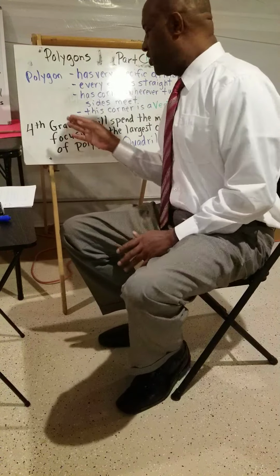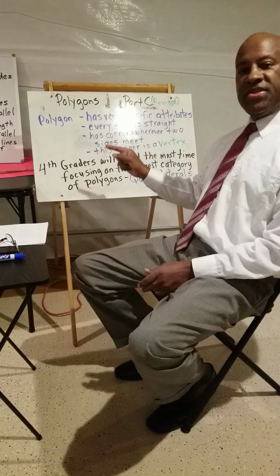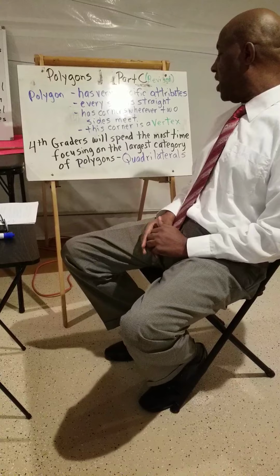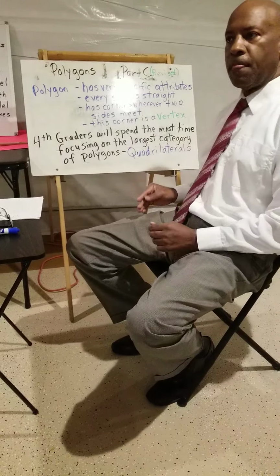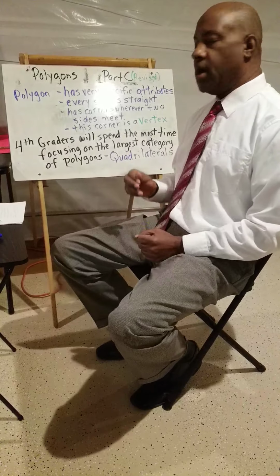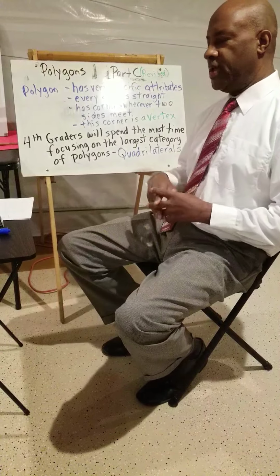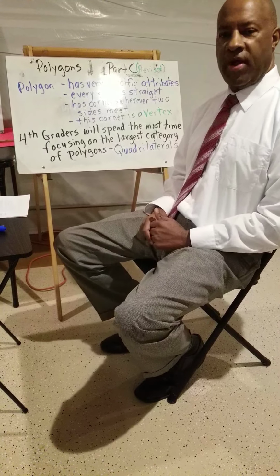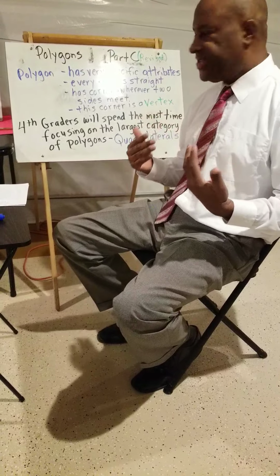Now, boys and girls, I want you to pay very close attention to what we have here on the board. It says fourth graders will spend the most time focusing on the largest category of polygons, which are quadrilaterals. There are other types of polygons, and you'll get into different types in 5th grade that have 5, 6, 7, 8, 9, 10 sides.